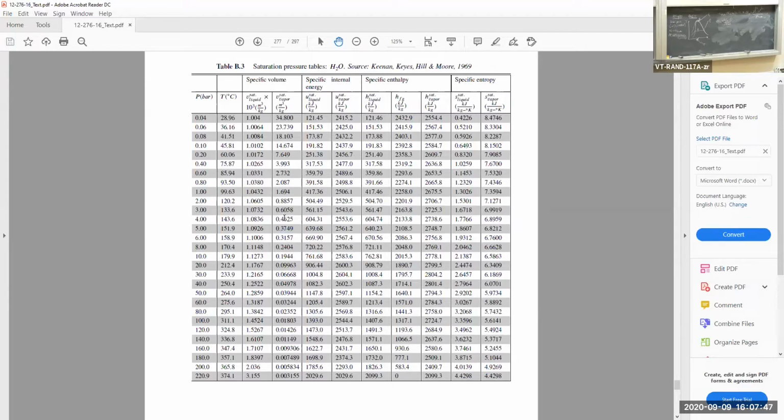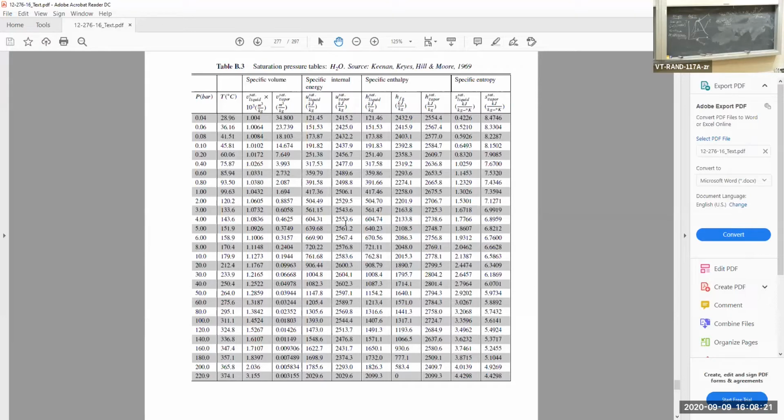So you're going to need to interpolate between these 2 points. Looks like it's going to be approximately halfway between. Through a little interpolation, I find the internal energy at state 2 is equal to 2,557 kilojoules per kilogram. If you look here, 2,557 is approximately halfway between these 2 data points.